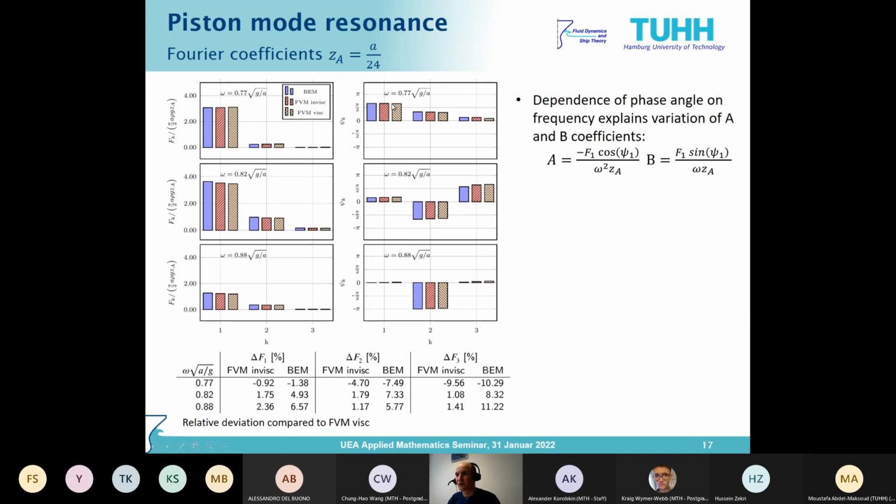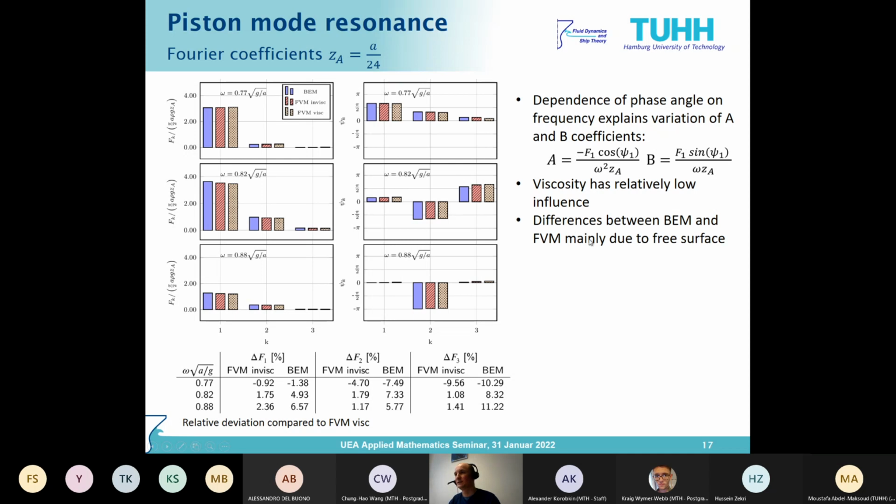So there is a large deviation of this phase angle, and what we also saw is that probably this large deviation is caused by the phase of the free surface between those hulls changing, and this is what causes the large change in A and B, basically. Another conclusion that we draw is viscosity had a relatively low influence.